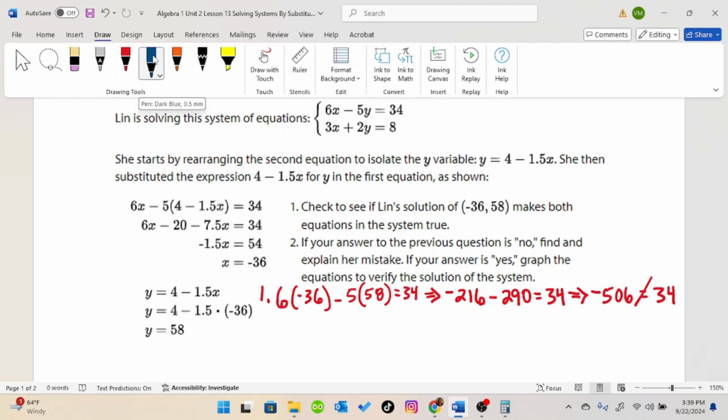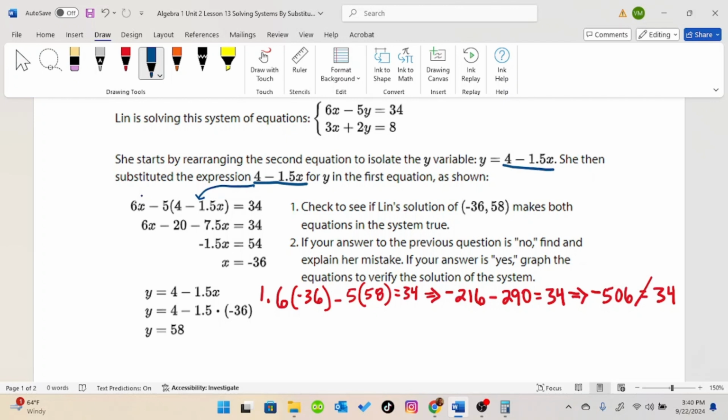Now, number 2, if your answer to the previous question is no, find and explain her mistake. So when we look at her equation, we see where she started, 6x minus 5. She substituted in the 4 minus 1.5x for the y, equals 34.